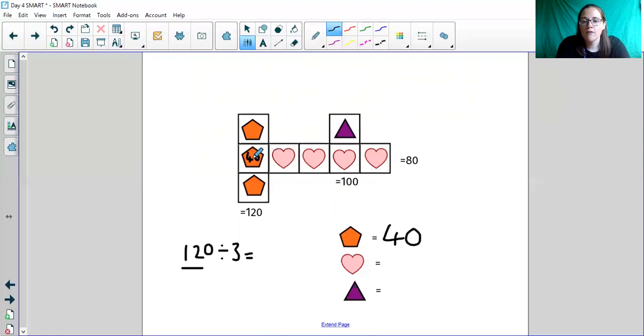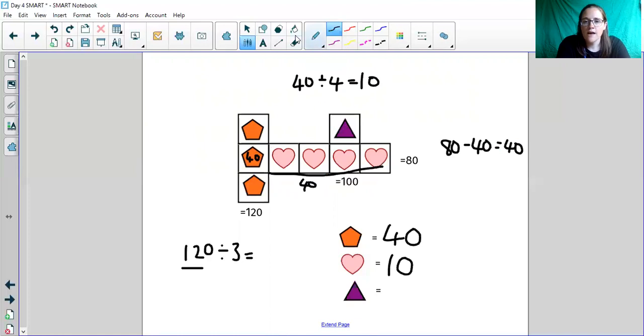So I need to take off the 40. So I need to do 80 subtract 40, which is 40. And so I know that these 4 hearts together make 40. So if 4 hearts make 40, then I need to do 40 divided by 4, and each heart is going to be worth 10.